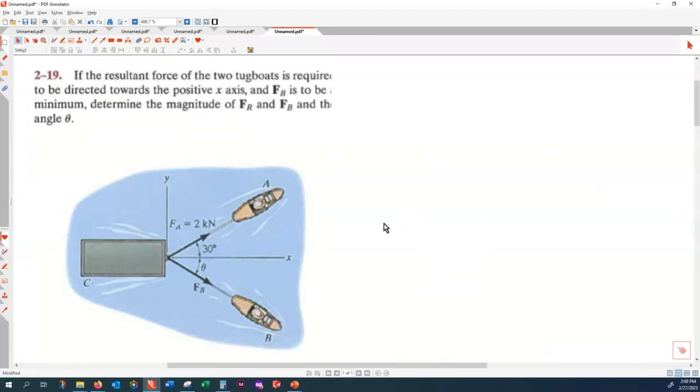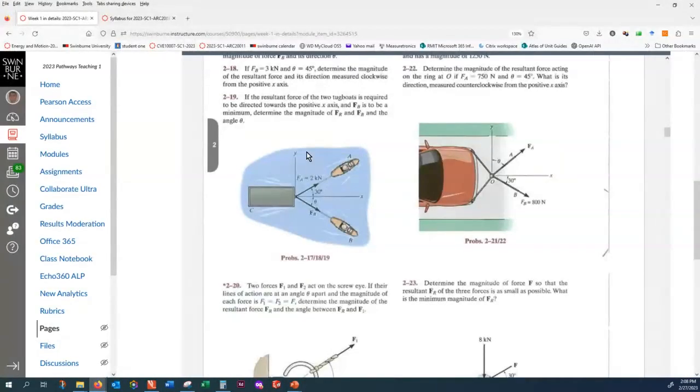All right, we have two forces, and we want the resultant force to be minimum. Let me get the question clear again.